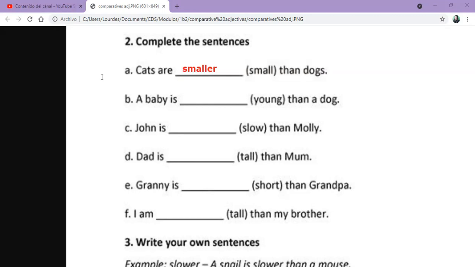Number 2, Leonel: a baby is younger than a dog. Very good. Number 3, Hazel: John is slower than Molly.